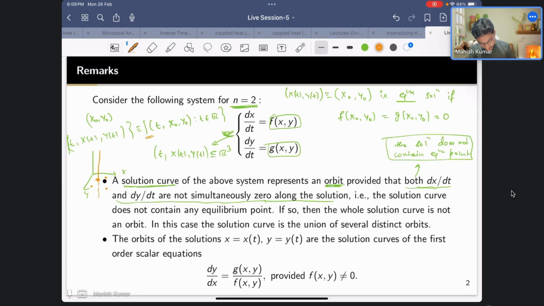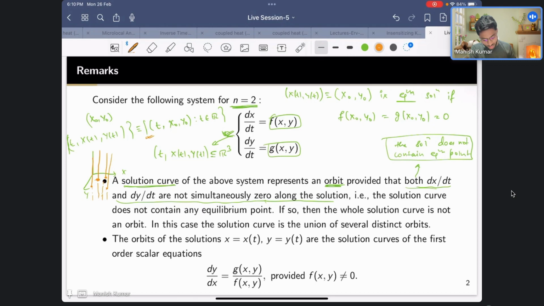In that case, the orbit is just these lines. But when it is not an equilibrium point, that means it will depend on time, and that will be one orbit. So each equilibrium point is a single orbit, and other than equilibrium points you will get a solution.